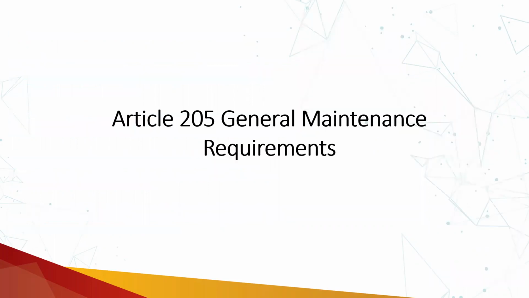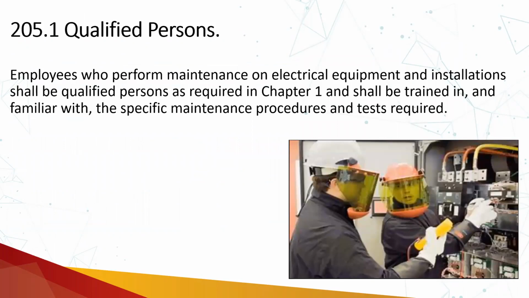So what we have to keep in mind is that this type of maintenance only takes into consideration the employee's safety. So an employee who performs maintenance on electrical equipment or installation shall be a qualified person as required by chapter number 1 and shall be trained in and familiar with specific maintenance procedures and tests required. So the chapter number 1 definition of qualified person is extended here.